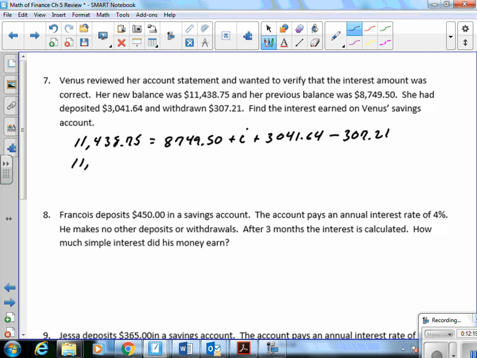It's going to give us 11,483.93 plus I. So in this problem, I actually should have taken away $357 instead of $307, because right now our amount over here, before we add the interest, is actually greater than what we say our new amount is. So we subtract that out, which is what we would need to do to find the interest.